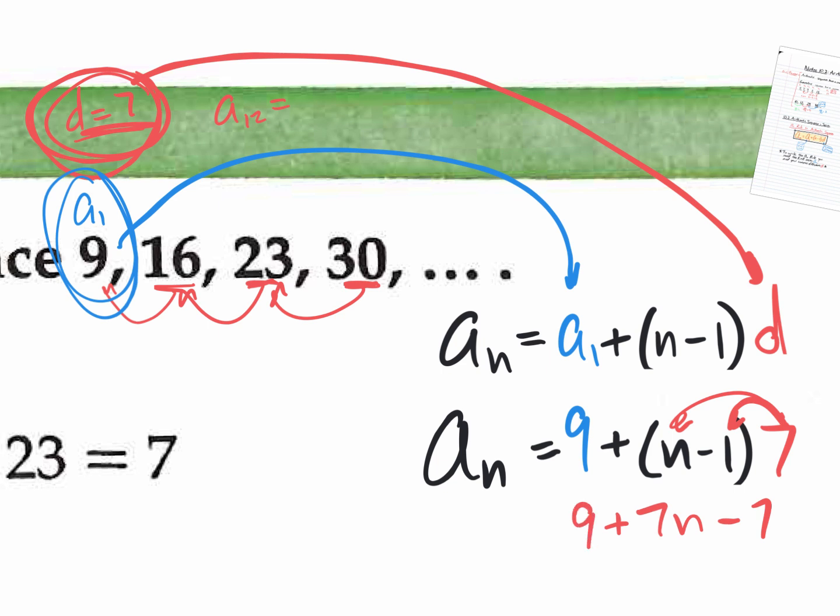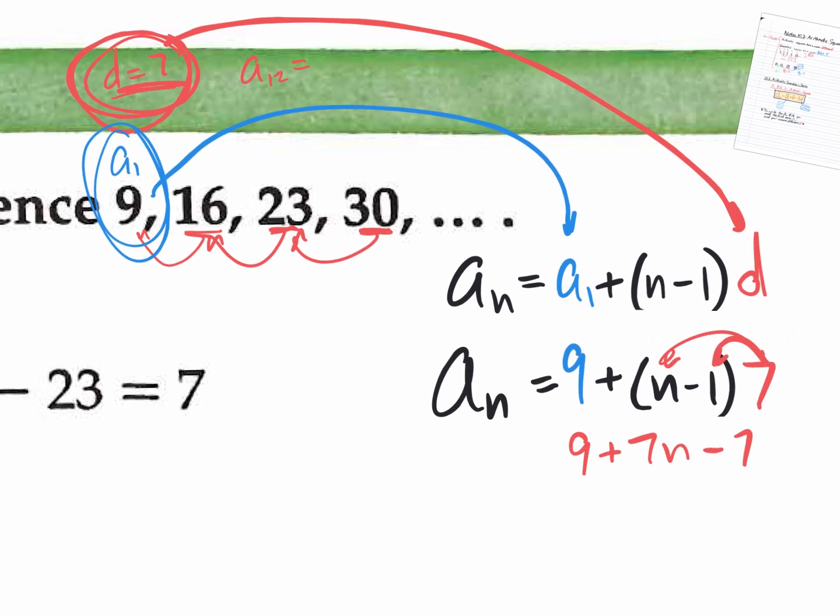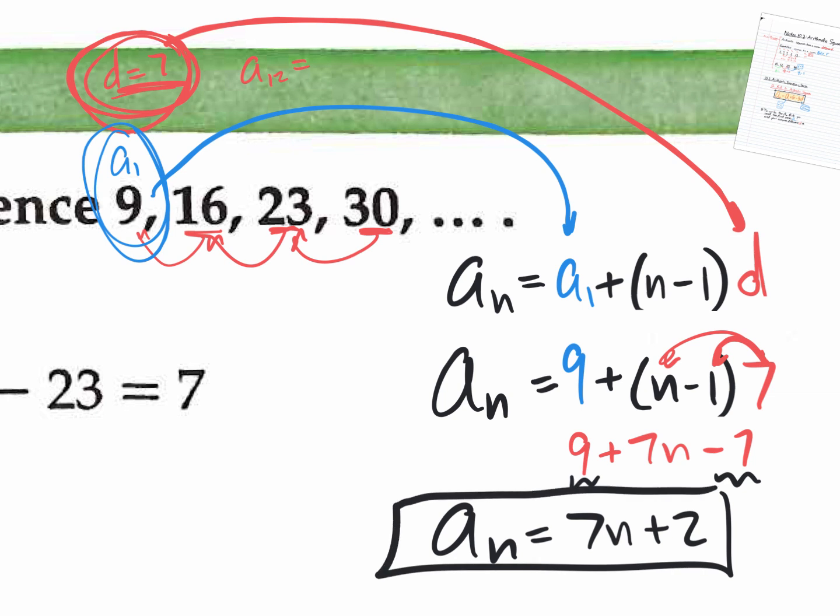So we've distributed the 7. Now we're going to combine like terms. We have 3 terms right here. And out of those 3 terms, I could combine the first one and the last one, giving us what? Positive 2. So what we really have here is 7n plus 2. And that's your a sub n rule. And that is what we have so far.